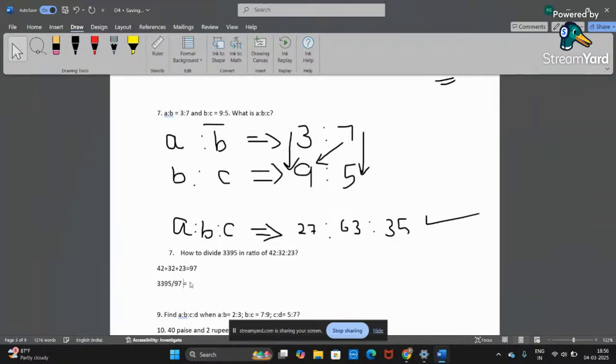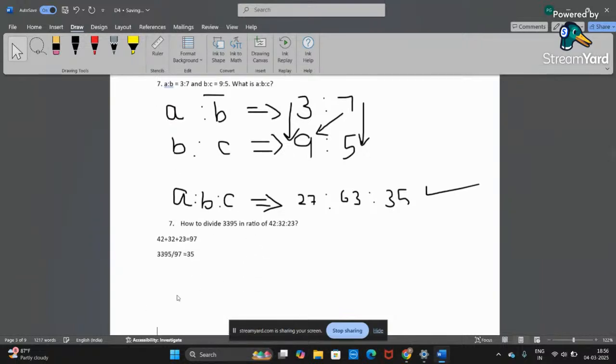By dividing this, we'll get 35. So each ratio is 35. Now we need to find it for 42. So what you have to do? 42 into 35.